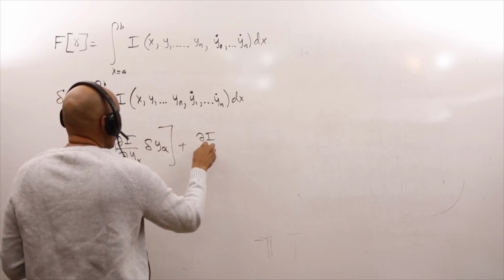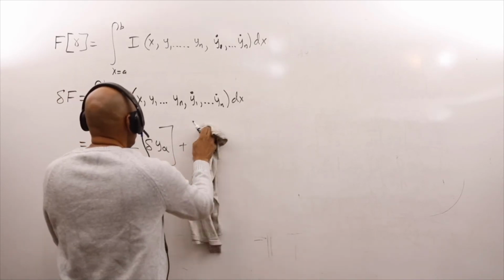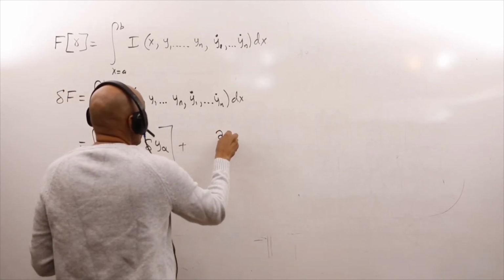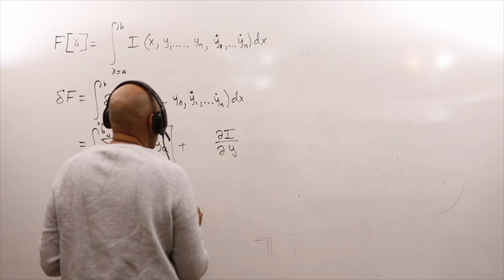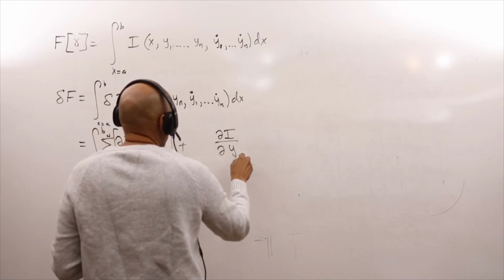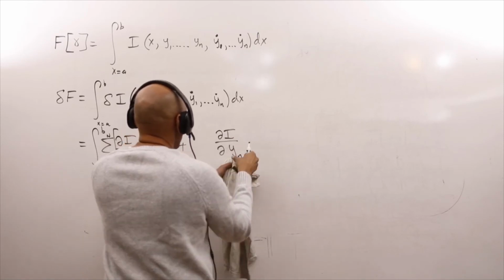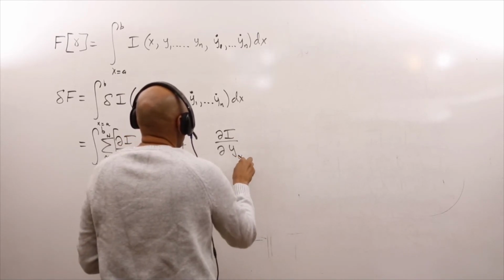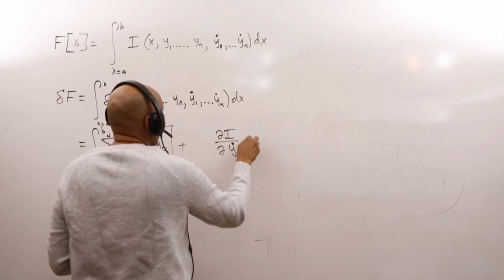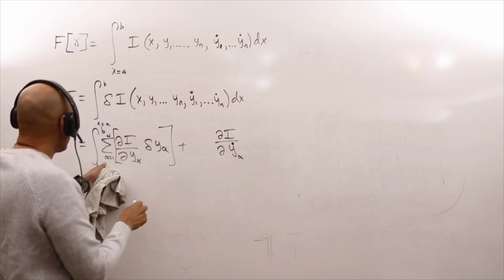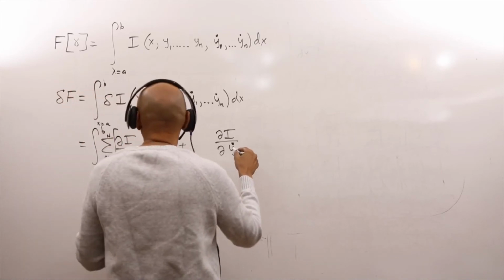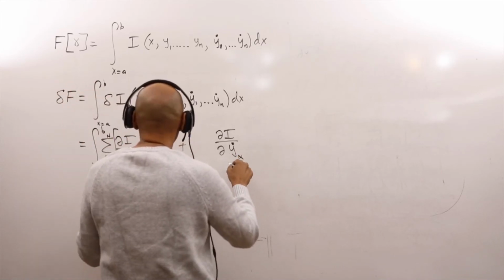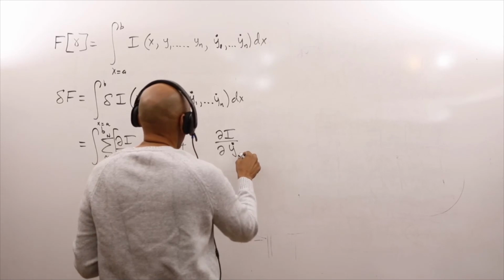Okay, so next we have the partial of f with respect to y alpha, and I'm using a Greek letter for summation. Hopefully you're going to later use Einstein summation, but for now I'm going to use alpha.